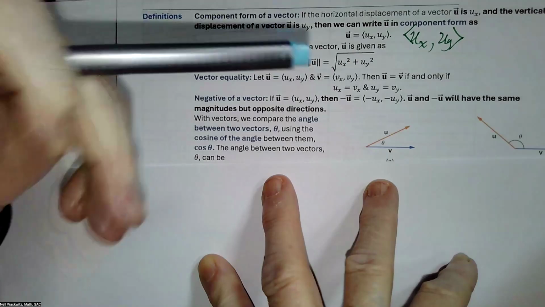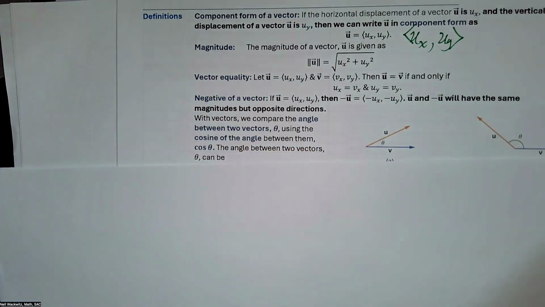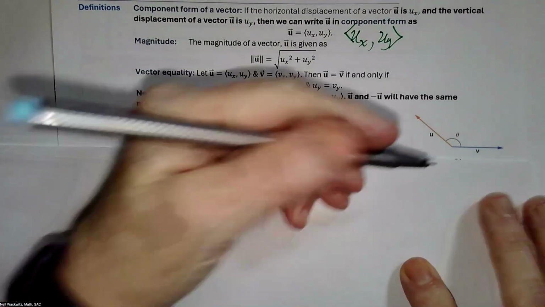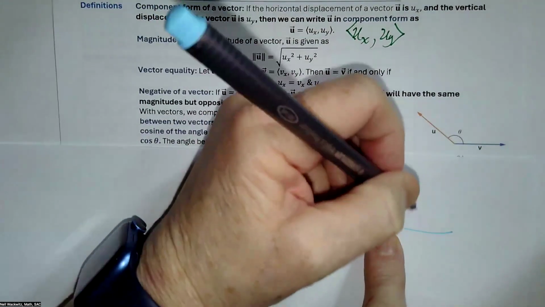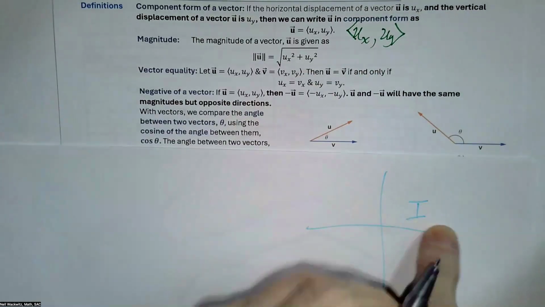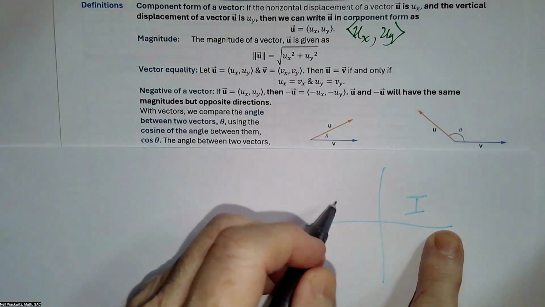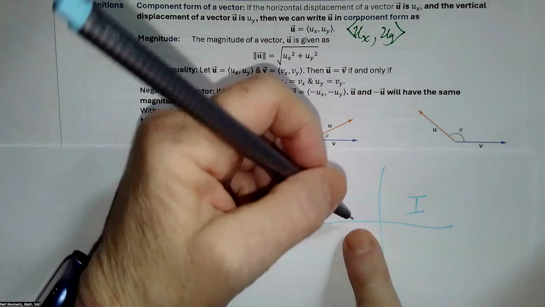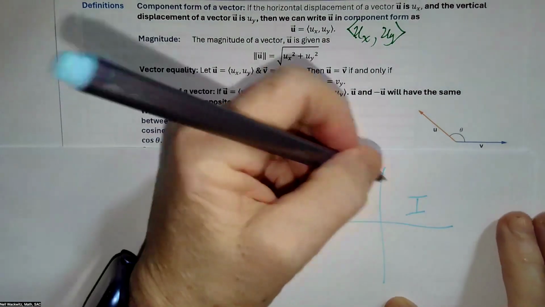We can find the angle between two vectors using the cosine. The reason we need to use cosine is that we're looking at values in the first quadrant and values in the second quadrant.